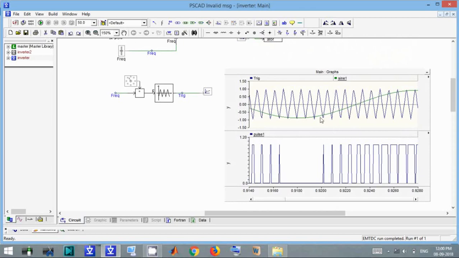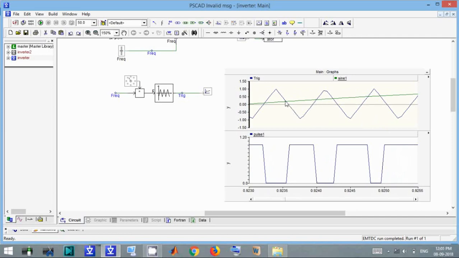If the sinusoidal waveform, meaning the reference waveform, is less than the carrier waveform, then it will give the pulse to the IGBT gate. You can see from that instant, in that position, if we maximize it.